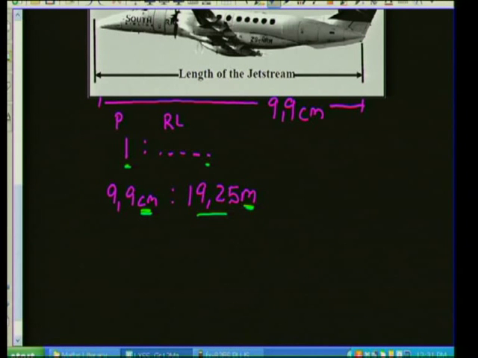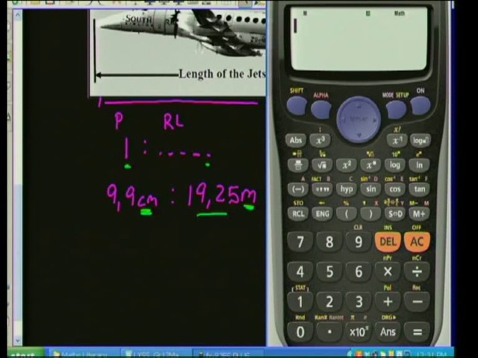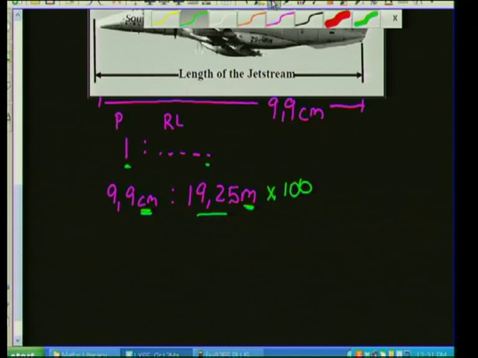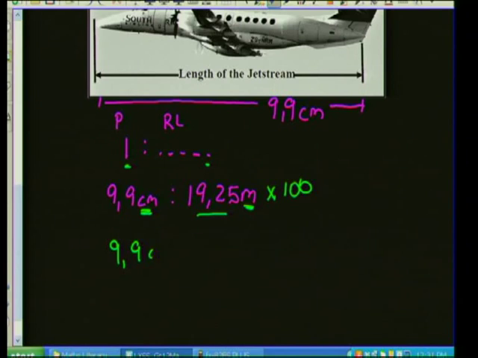How many centimeters are in a meter? We're going to times by 100. You can get your calculator out. There are 100 centimeters in a meter, so we get 1925. So let's rewrite that. We have 9.9 centimeters is now 1925 centimeters.